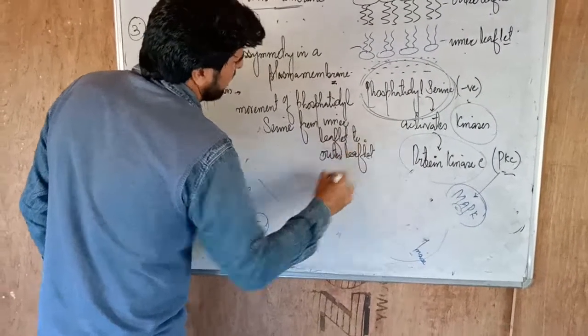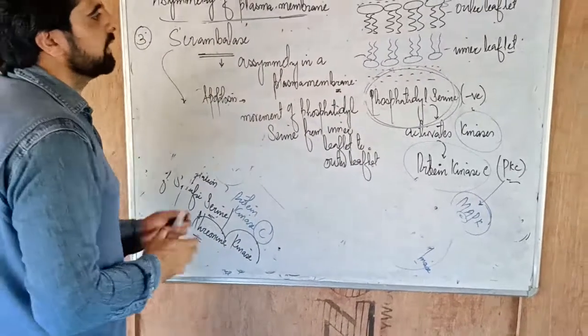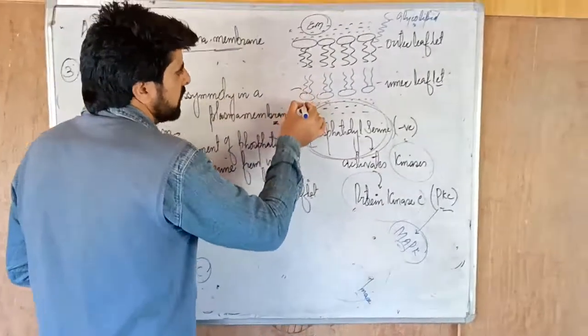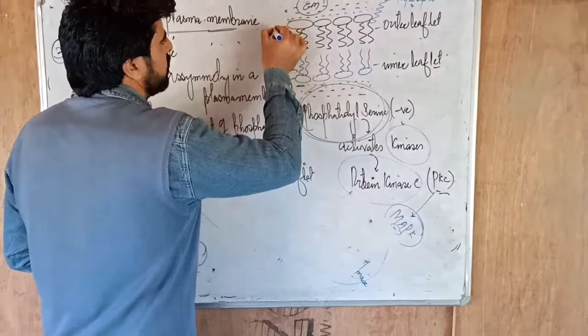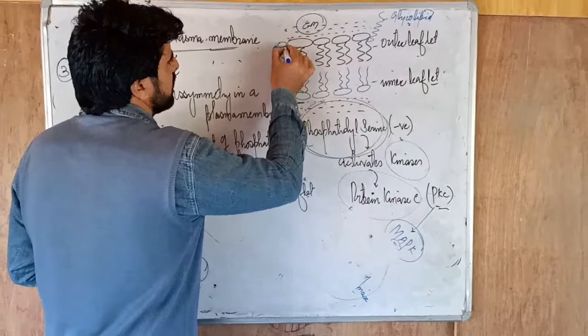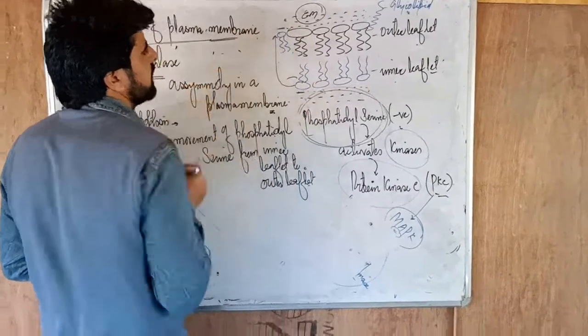See, phosphatidylserine is negatively charged, but it is showing movement to this side. So now this is the phosphatidylserine, and the outer side becomes negatively charged.